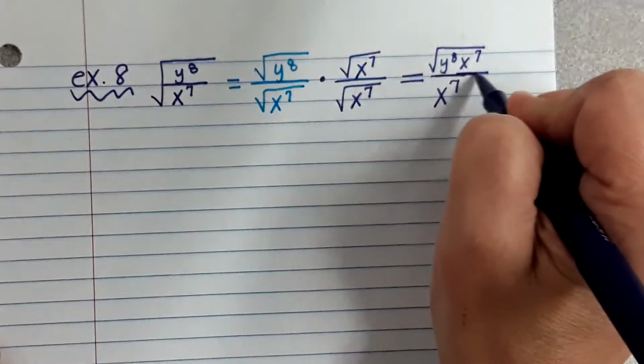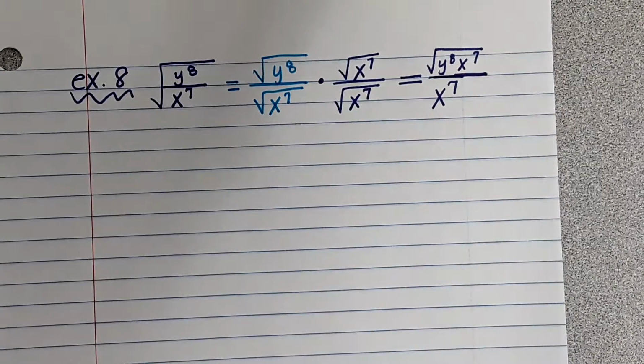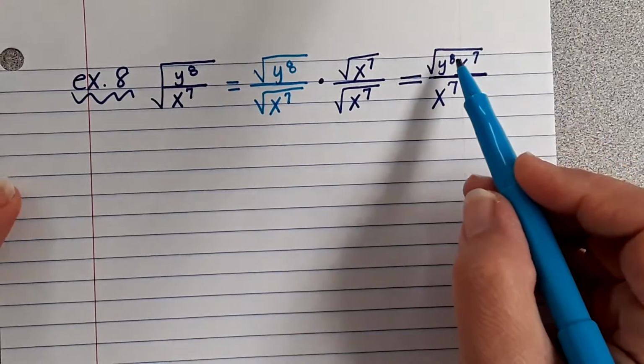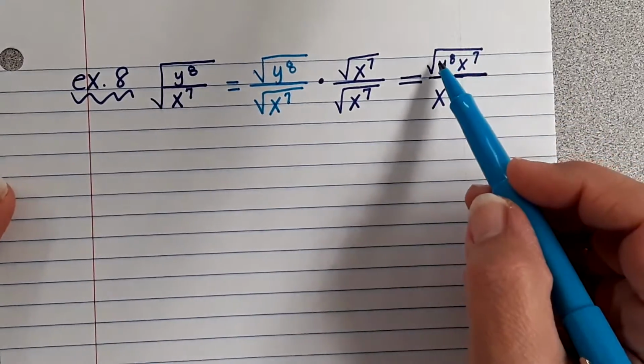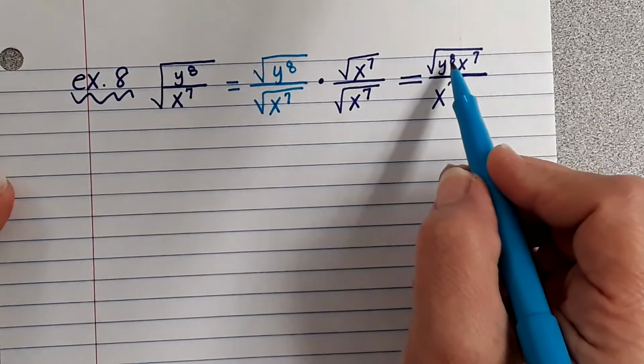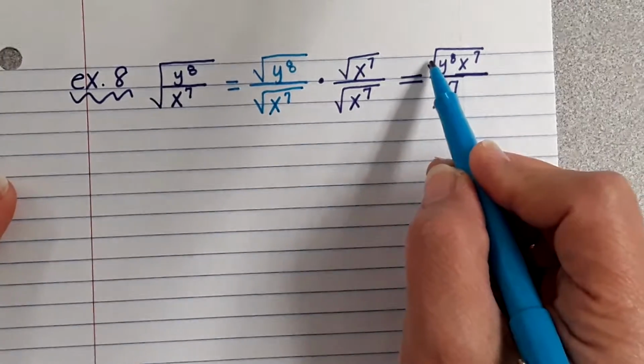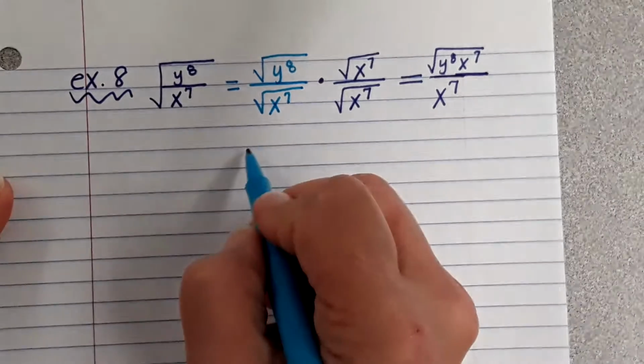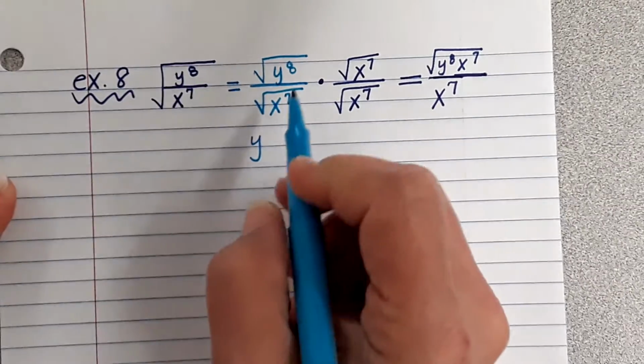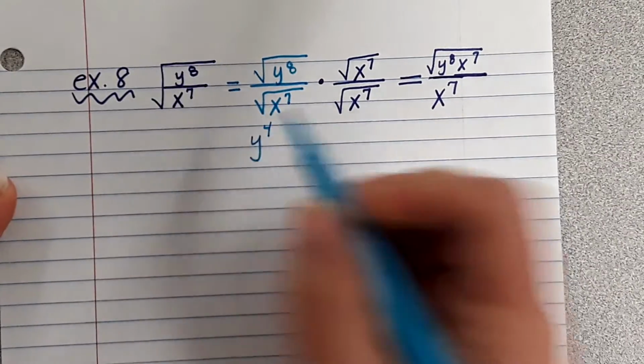Now, in first period, they were really hoping we were going to be done with this problem. But we are not done with this problem, okay? We still have y to the 8th and x to the 7th to contend with. So y to the 8th we can do. What is 8 divided by 2? 4.